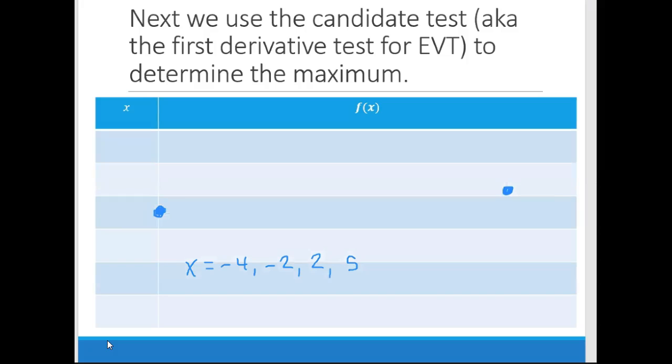So what we're going to do is what we call the candidates test. We did this for EVT back in section 1. You find the x values at each of those key points: -6, -4, -2, 2, 5, and 6.